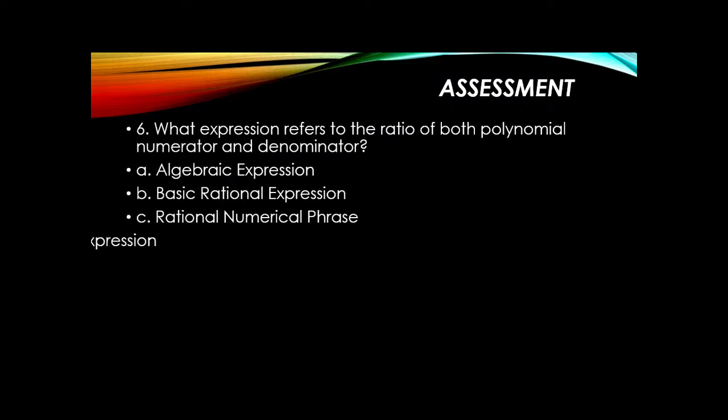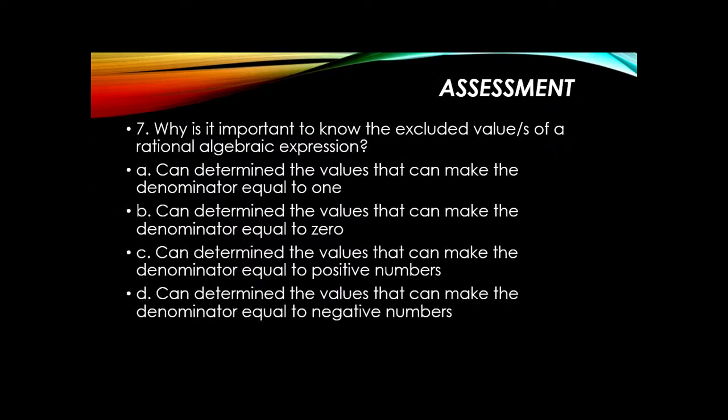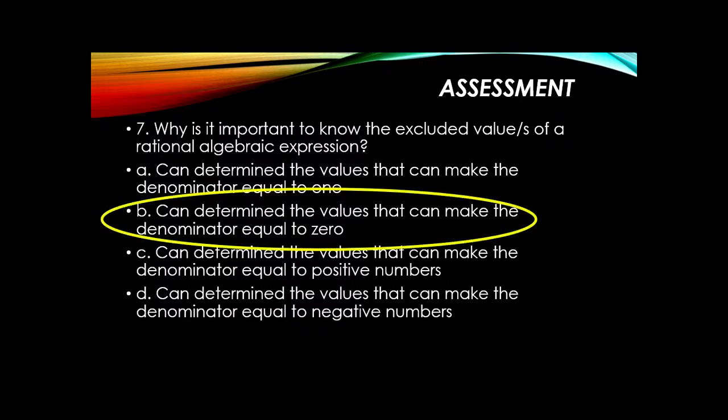Number 6. What expression refers to the ratio of both polynomial numerator and denominator? The answer is letter D. That is a rational algebraic expression. Number 7. Why is it important to know the excluded value or values of a rational algebraic expression? The answer is letter B. It can determine the values that can make the denominator equal to 0.